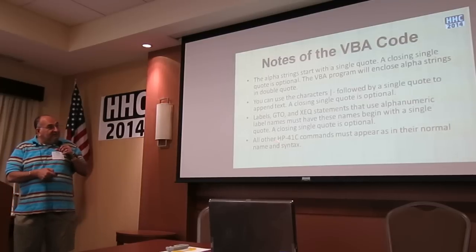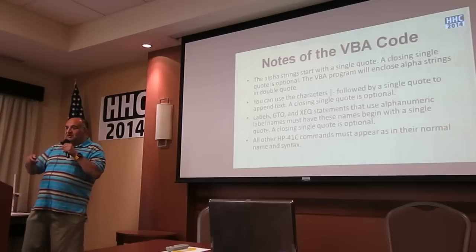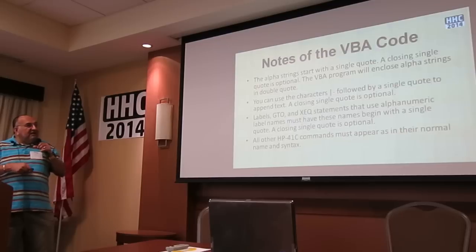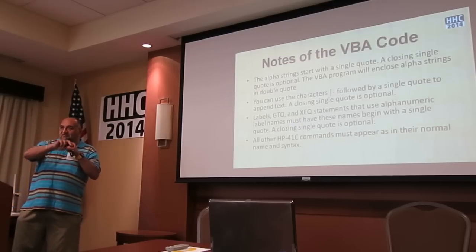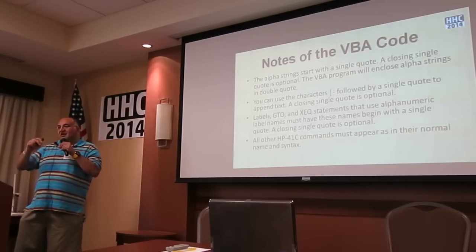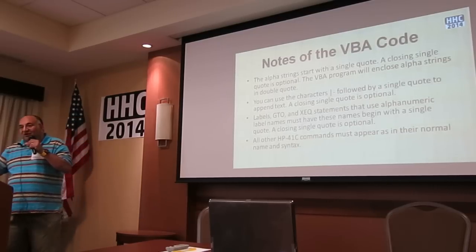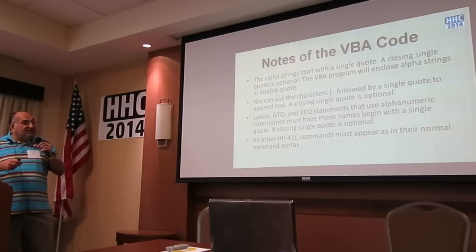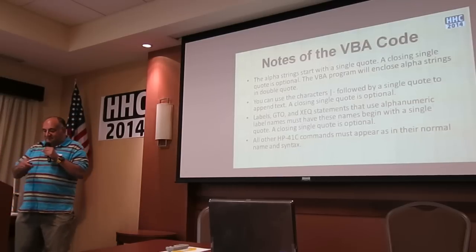The code in the VBA does not use these, but it's there in case you want to do a little bit of transformations or whatever. The mapping between the shorthand or metacode to the 41 is not complete. I added a few things more just in case, being thoughtful. Other than that, all other 41C commands must appear in their normal name and syntax.